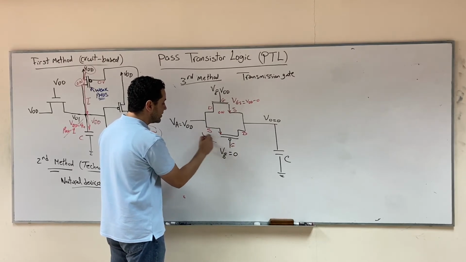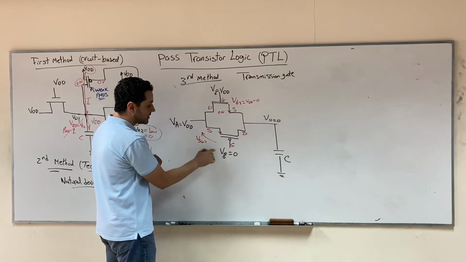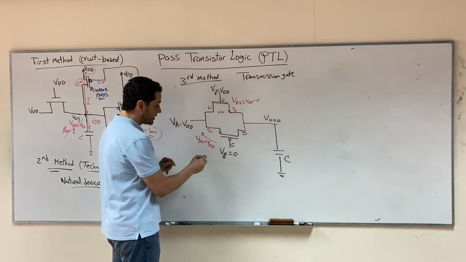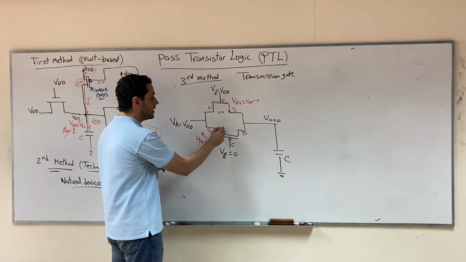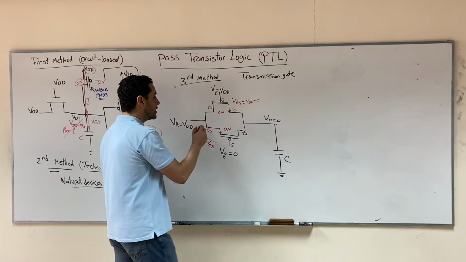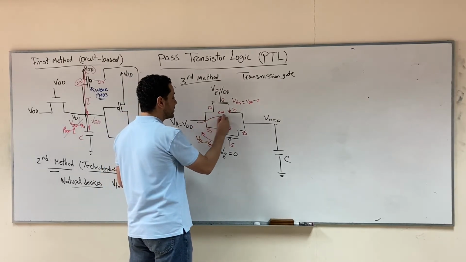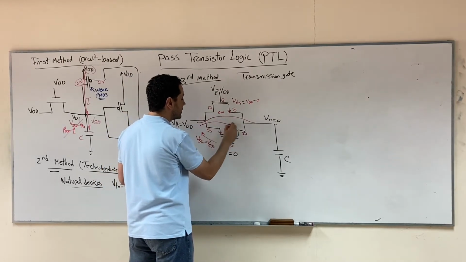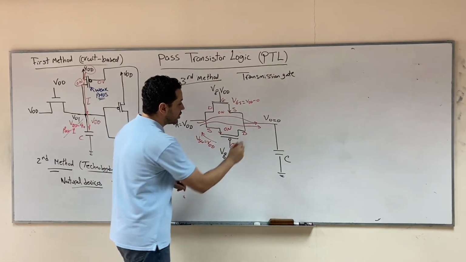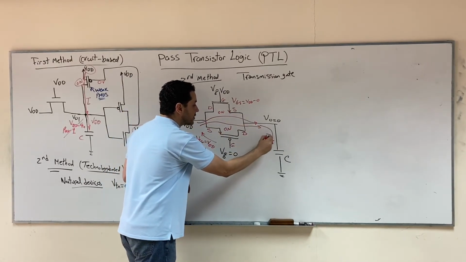VSG of the PMOS transistor is VDD minus 0. So VSG is big, it's larger than V threshold, then this transistor will also be on. So the capacitor is going to charge through both transistors.